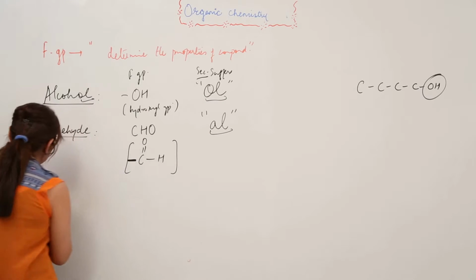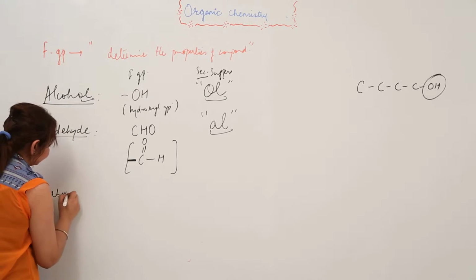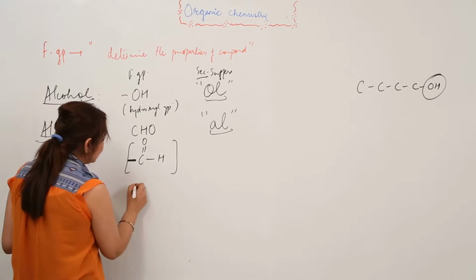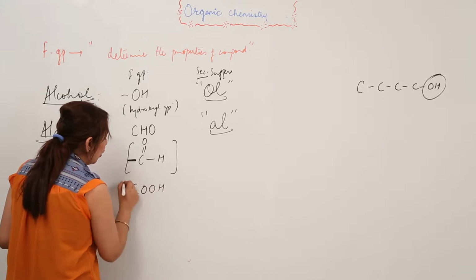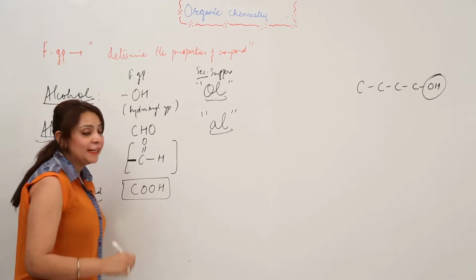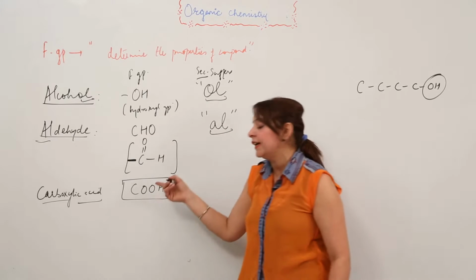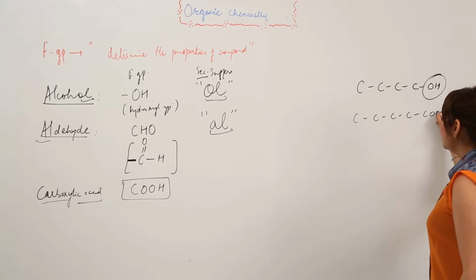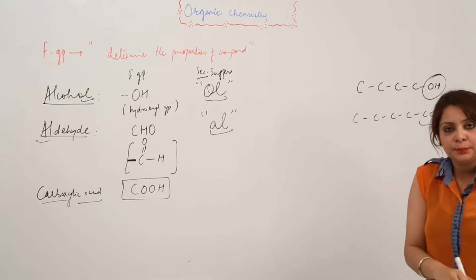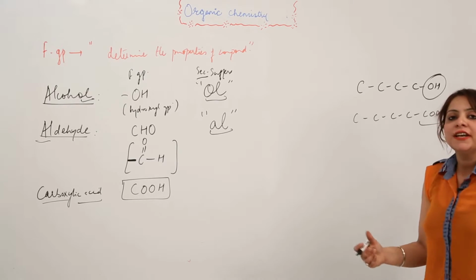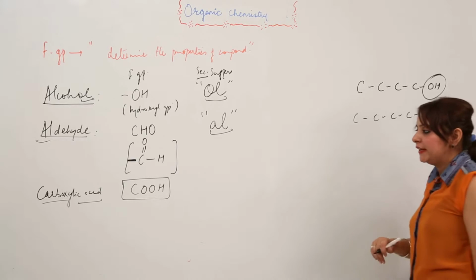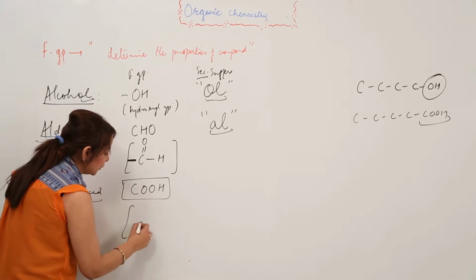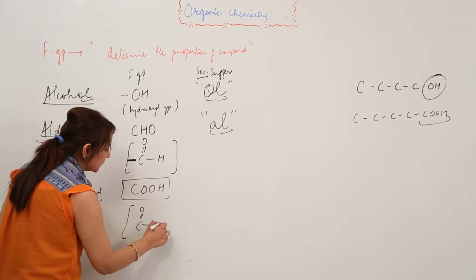Similarly, we have the carboxylic acid functional group. The formula responsible for it is COOH, right? Either you see COOH attached to a chain, like in an example I'll show you, or you get to know the open chain structure as well, which is indicated by this.